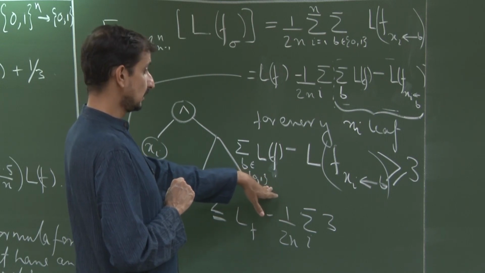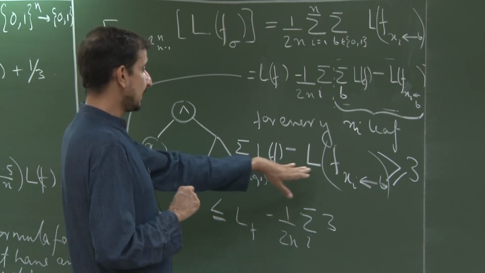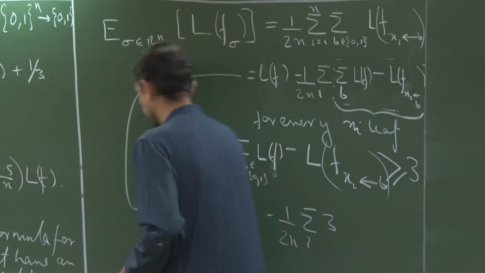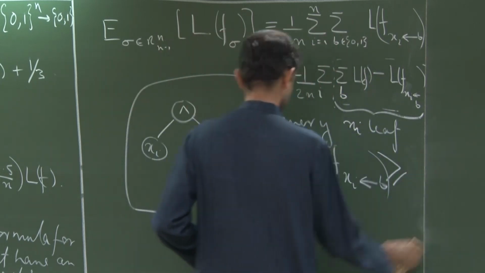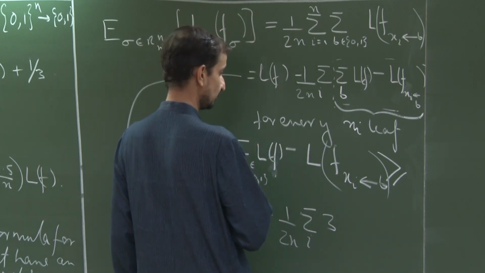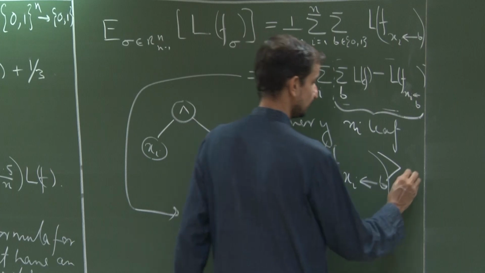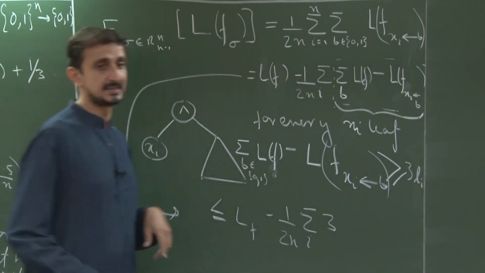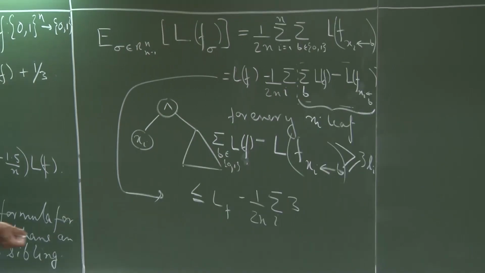And it is not just 3, it is actually 3 times Li. For every xi leaf, 3 nodes are removed. So, this will be 3 times the number of times xi is present.